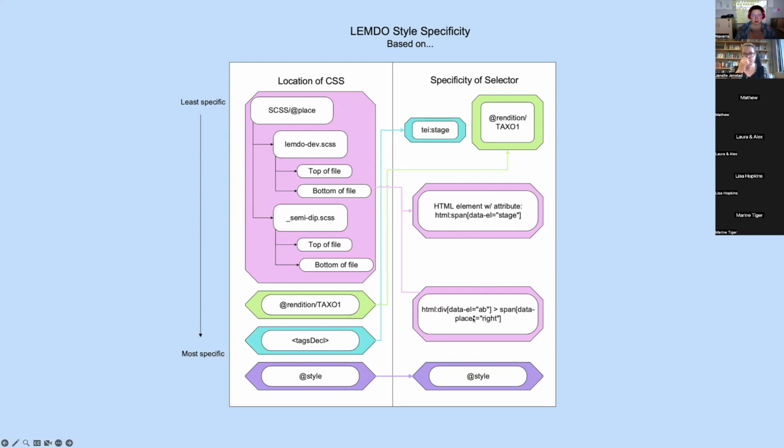So if we know that there is a div with a data-l as ab that has a child span with data-place that includes right, this is more specific. This is saying, hey, there's going to be something that has right in its place attribute, and it's going to be a child of an ab. And so that gives us extra information, and that says this is more specific. And then we have style, and style, because it's on the element itself, overrides pretty much everything.